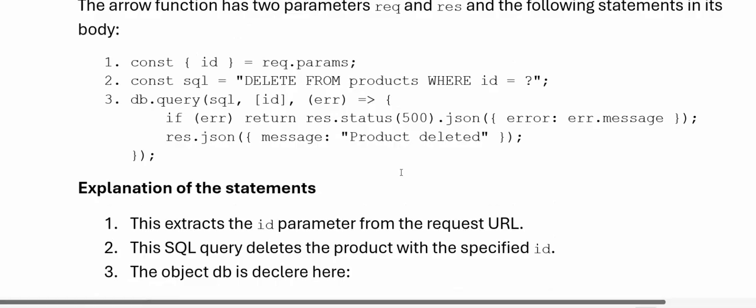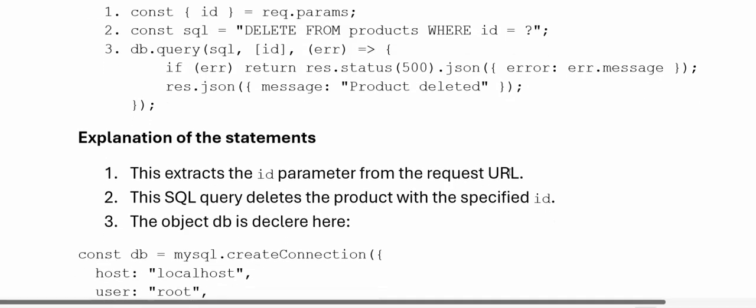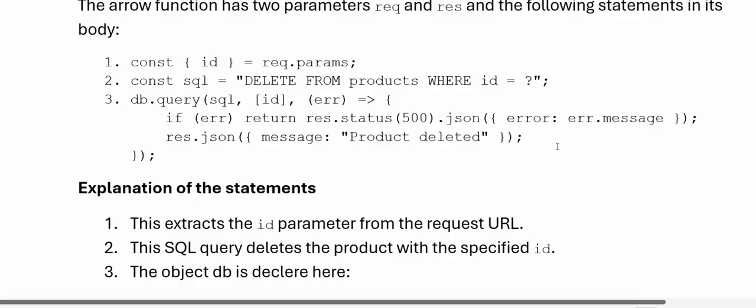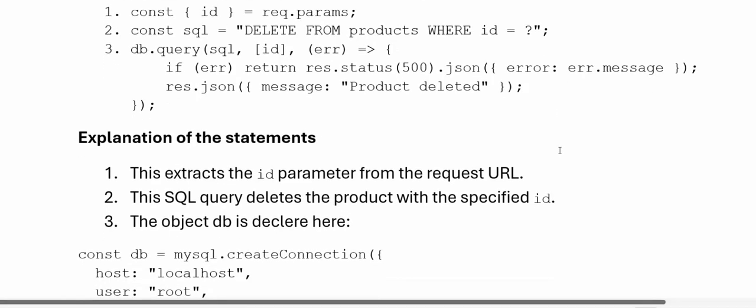Number one, extract the ID from the URL. Number two, the SQL query deletes the product with the specified ID as a question mark.